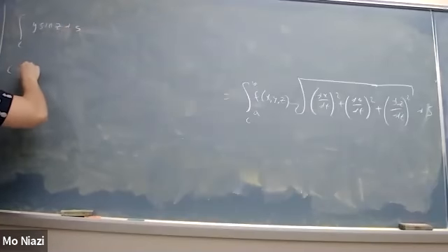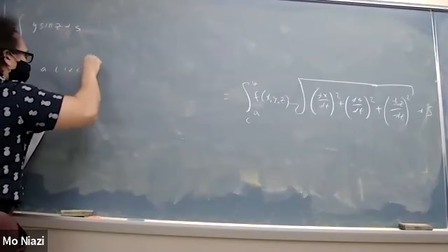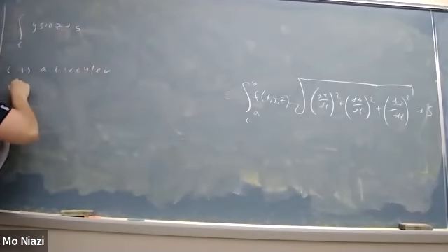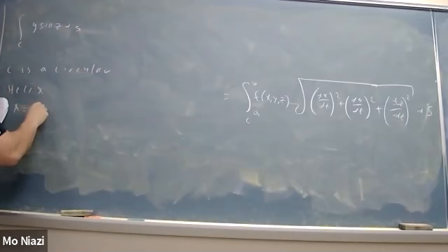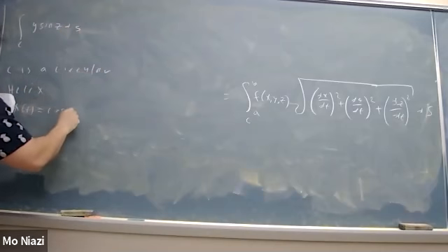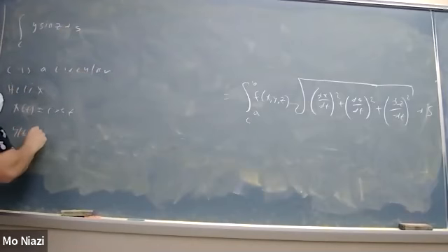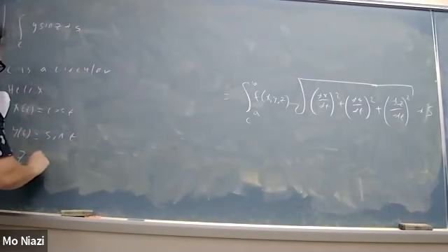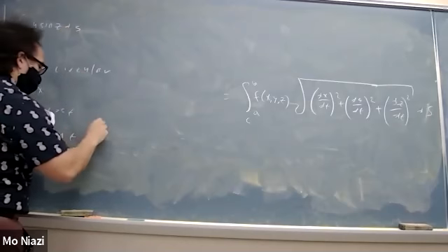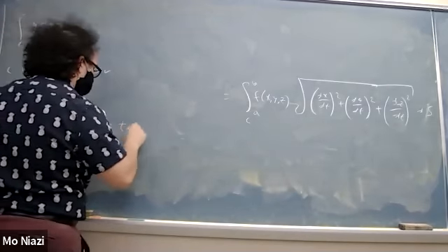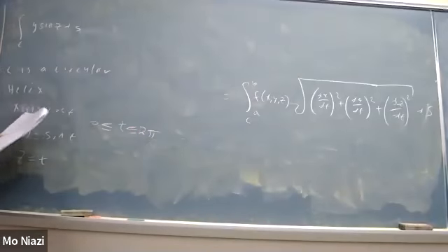Where C is a circular helix given by x of t equal to cosine of t, y of t equal to sine of t, z of t is just t, and t ranges from 0 to 2 pi. That's all you've got to do.